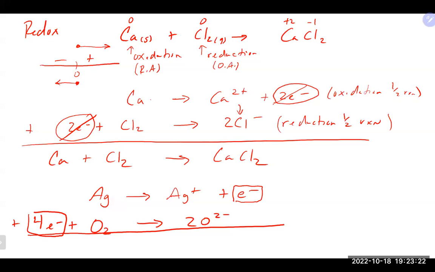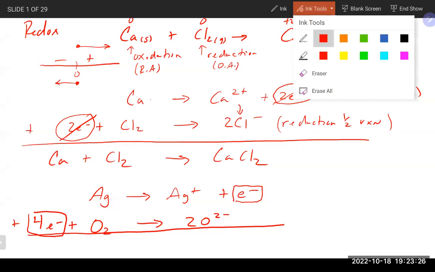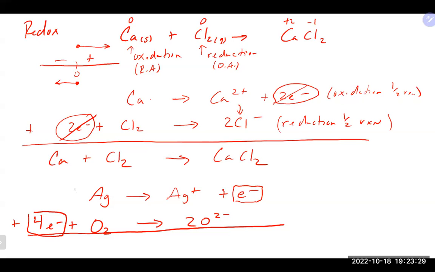In this case, we would need to multiply the top one by 4. So we'll go with 4 and multiply that by 4 and multiply that by 4. At this point, we then could add them together. This will get us 4 silvers plus oxygen, giving us our Ag2O.